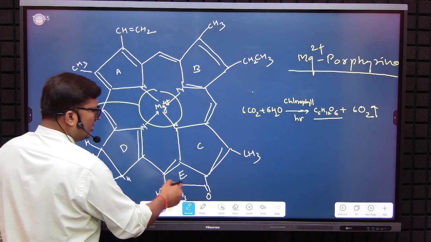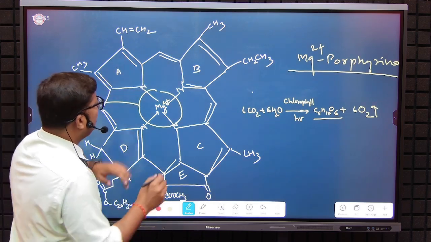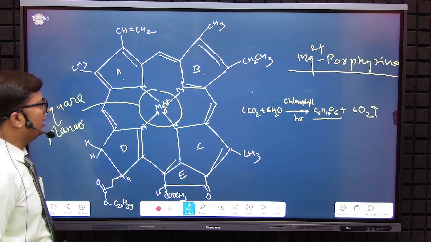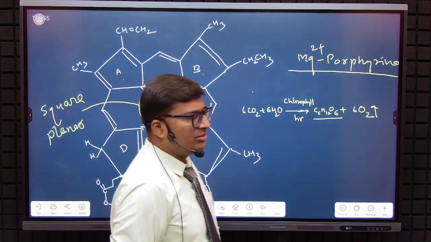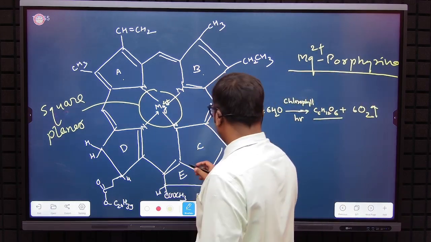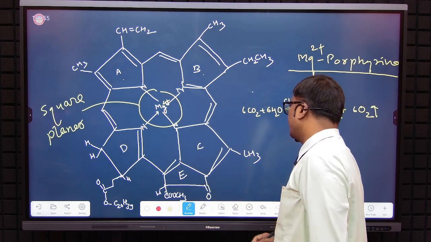This is the substituted ring actually. And 4 rings, that is A, B, C, D, are actually from the pyrrole unit, and another one is the substituted ring. So that is 5 rings.